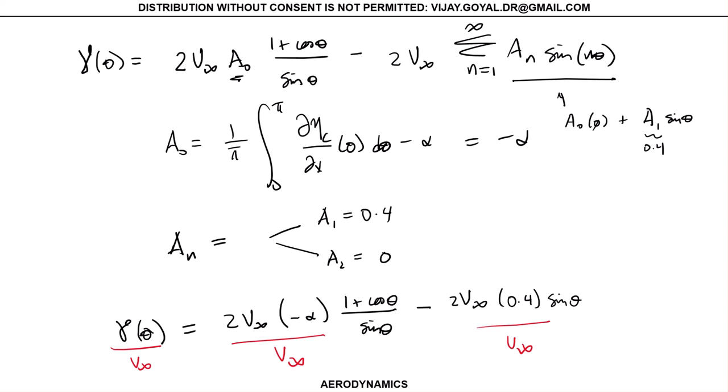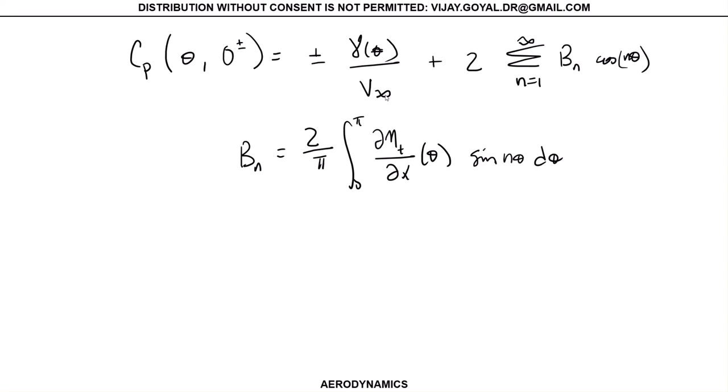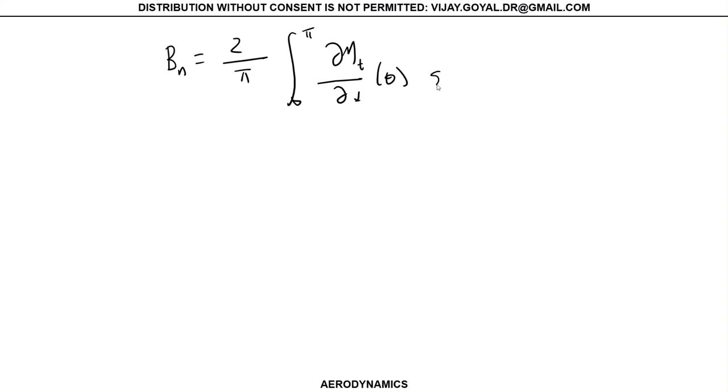Why am I doing this? Because that's the expression I need over here, you can see. So I found that expression. Let's move to the second expression. The second expression is b_n. So b_n is equal to 2 over pi, integral from 0 to pi of partial of eta, partial of x of theta, sine of n theta d theta.